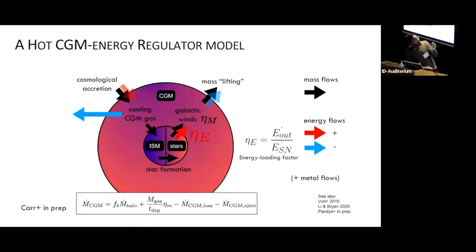Oh, so why don't we include a red arrow from the stars that could be heating the ISM? Is that what you mean? Right. For this model, we're more interested in the energy regulation of the CGM, but of course there would be other arrows in between the ISM and the stars. This model was more concerned with the CGM, but of course that would be present.